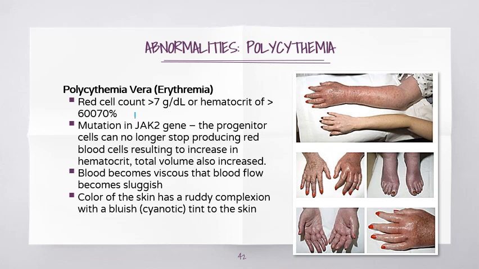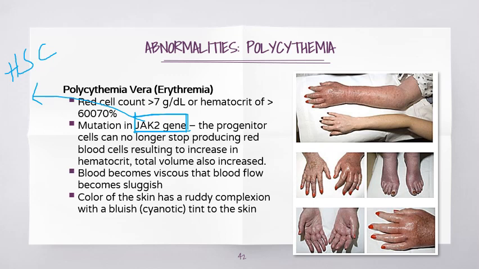Can anybody remember where I mentioned JAK2 gene? It is involved in the signaling of your hematopoietic pluripotential stem cell. So, because of this mutation in your JAK2 gene, the progenitor cells can no longer stop producing red cells.